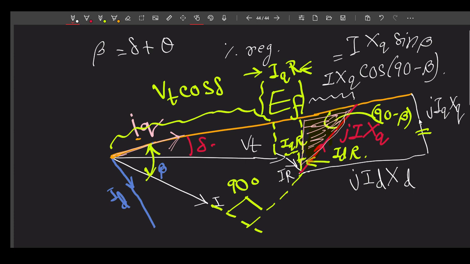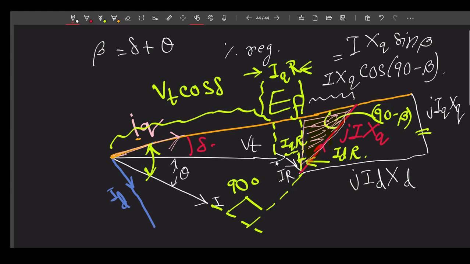Or what we can do is that we can write this Vt. This angle is theta.